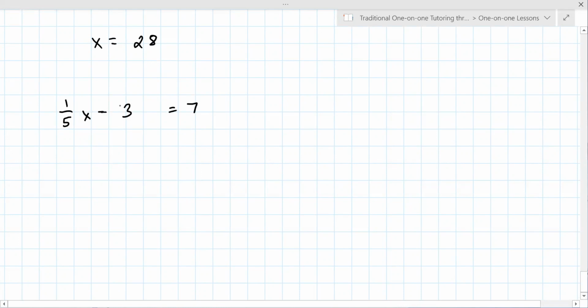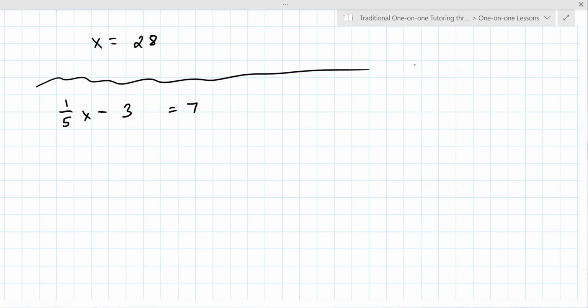See if you can get this. So again, just like the last problem, you're going to add and then multiply. Is x equal 50? Yes. Good job on that one. All right, one more here.